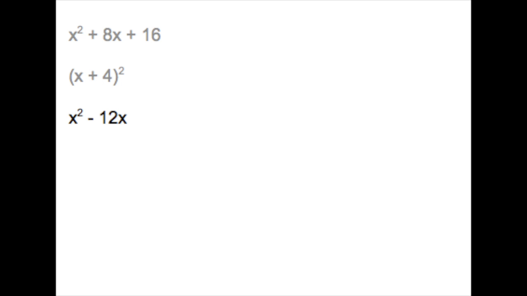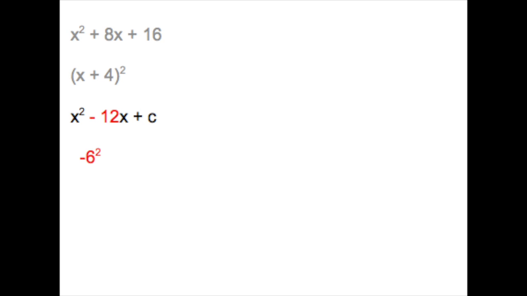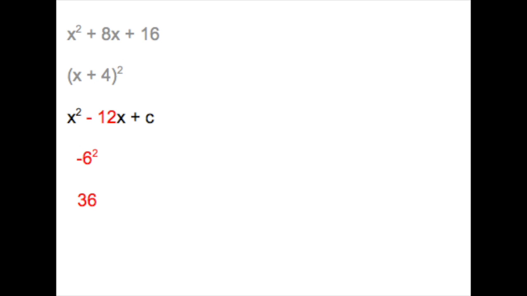Let's complete the square to make x squared minus 12x a perfect square trinomial. So we need to determine our c value so as to make this expression a perfect square trinomial. To do this, we take half of our b value, which would be negative 6, and square it, which would be 36.